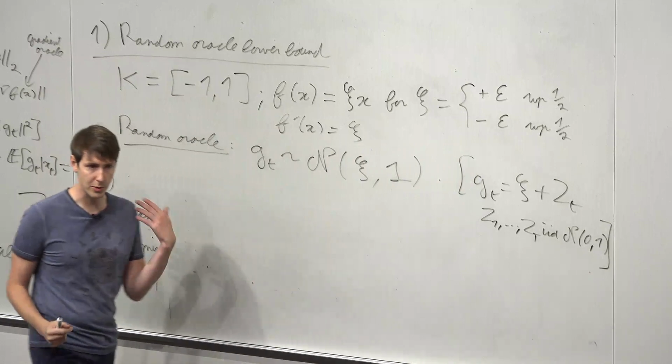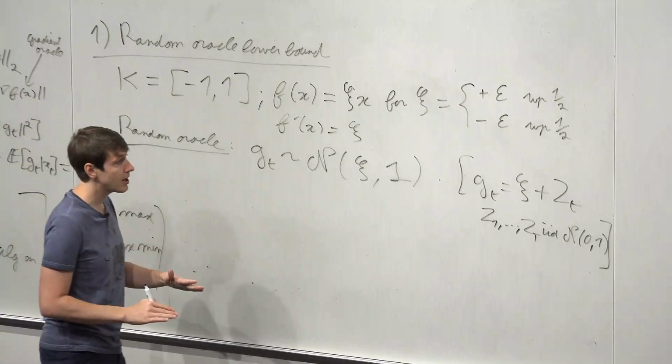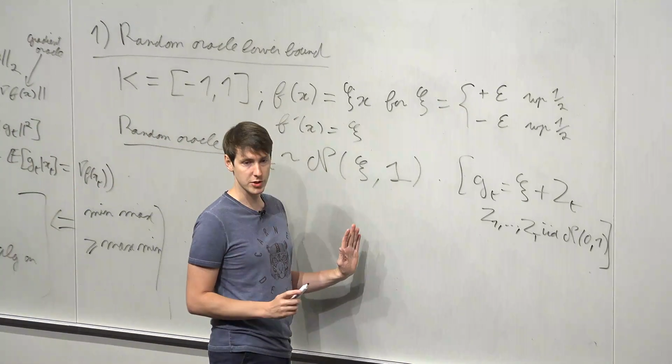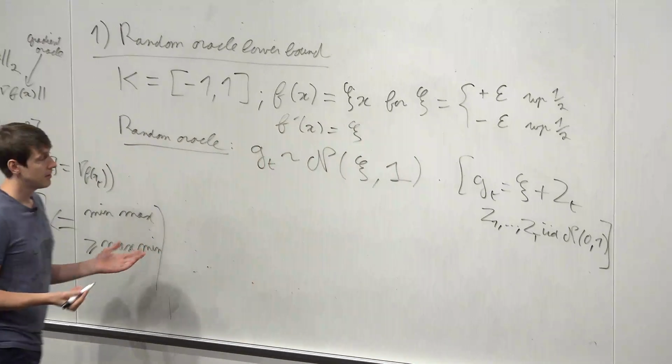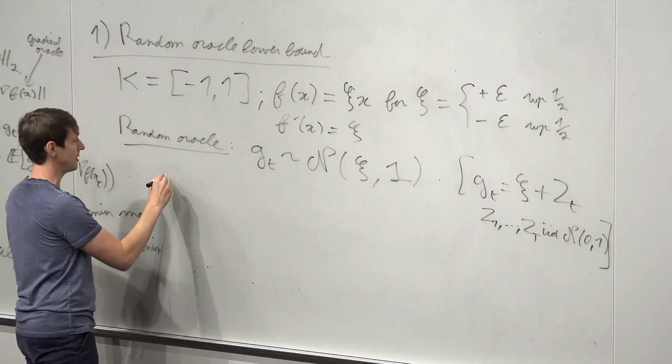The point is just when I query my oracle, I get a gradient plus Gaussian noise. It doesn't get simpler than that. This is a linear function in dimension 1 with Gaussian noise. So informally, what's happening? Intuitively.